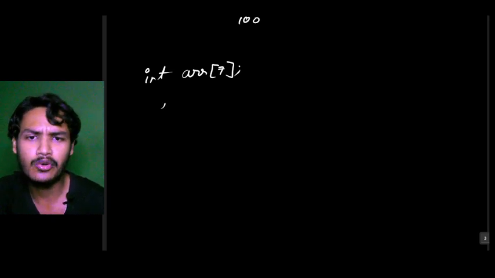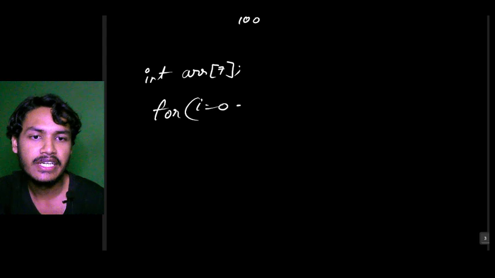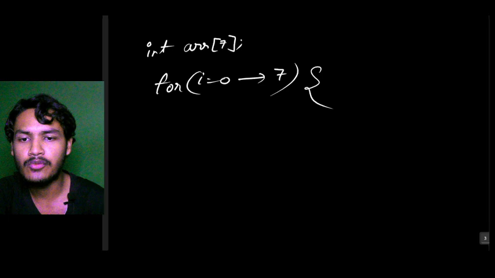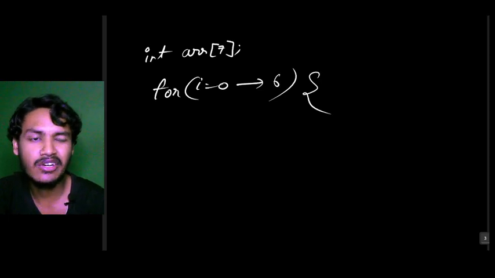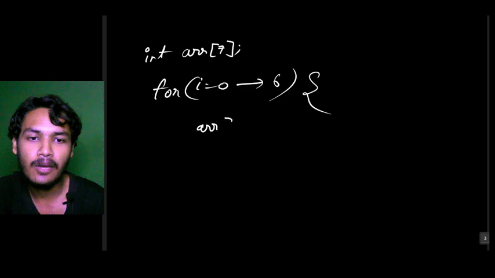Let's write down the code. Let's say you want to store the data in this array, so you can run a for loop from i equals 0 till 7. All right, and what you can do is till 6, because the index starts from 0. So now, array of i equals data.